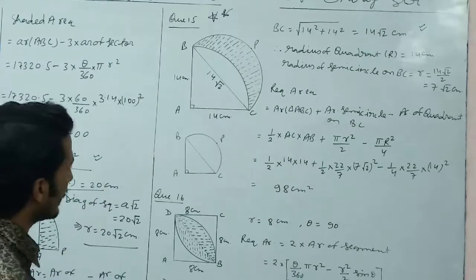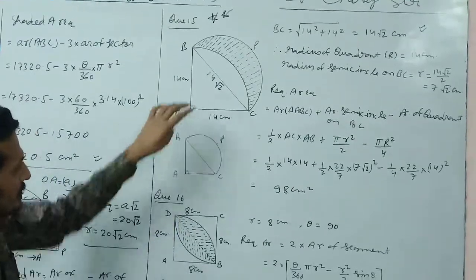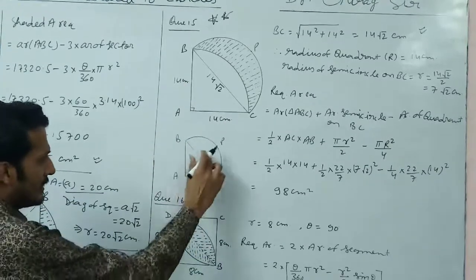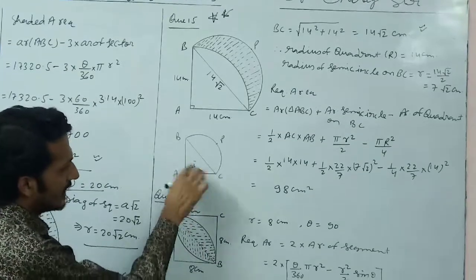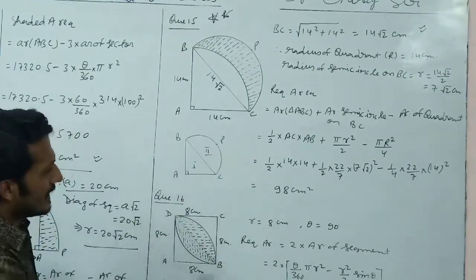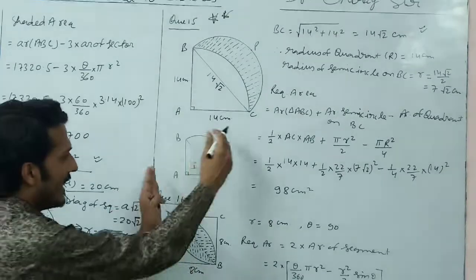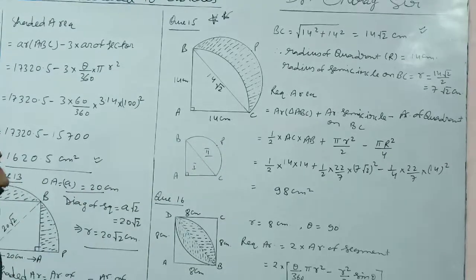So first of all I have drawn this complete figure. We can observe this complete figure is shown here but the shaded part is not shown. So in this figure we can see that the first part is triangle ABC and the second part is a semicircle whose diameter is BC.